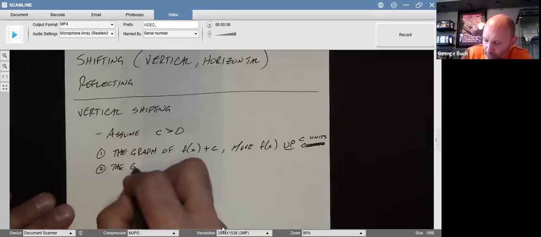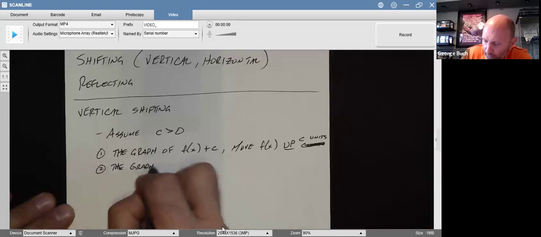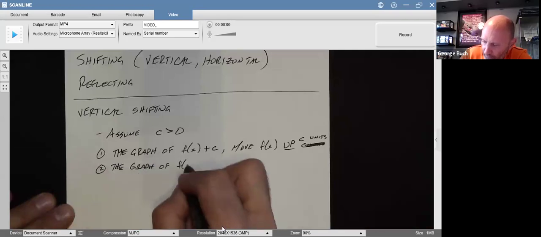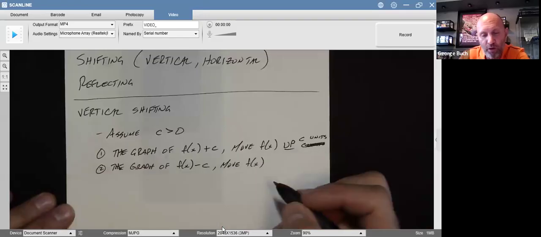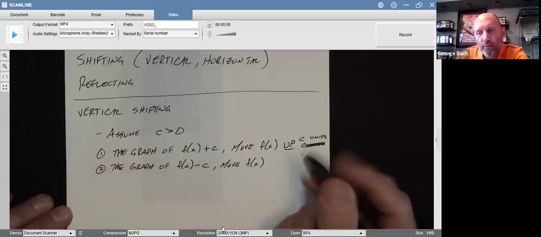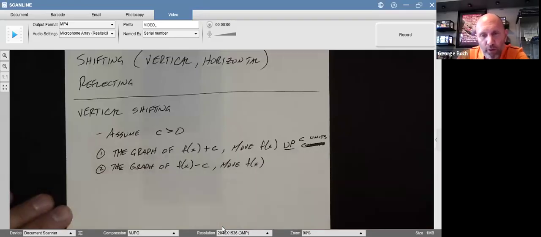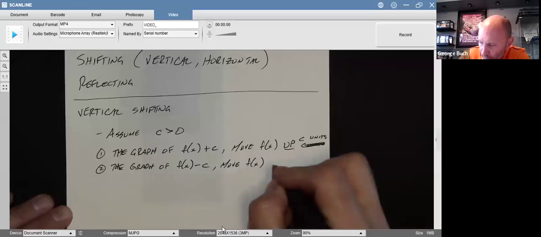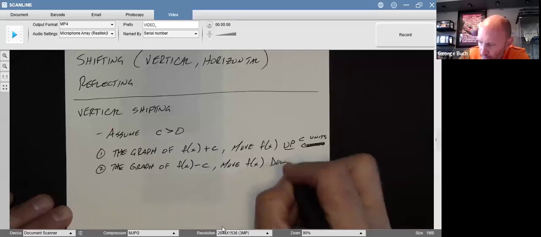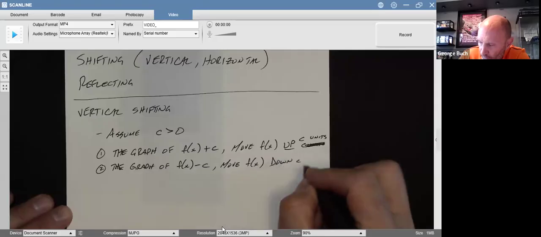In the graph of f of x minus c, then we move whatever our function is, and this is the parent functions we talked about, so parabola, square root, x to the third, absolute value. So this moves f of x down c units.